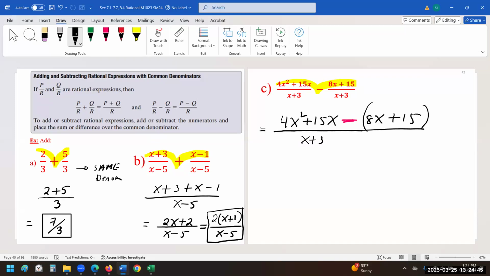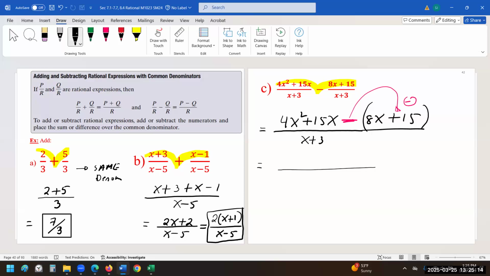Anytime you subtract more than one term, you have to put parentheses because the sign will change for the second polynomial. So you have two choices. Either write this way or change your sign here. But you have to change your sign somewhere on the top or on this tab. It's up to you.